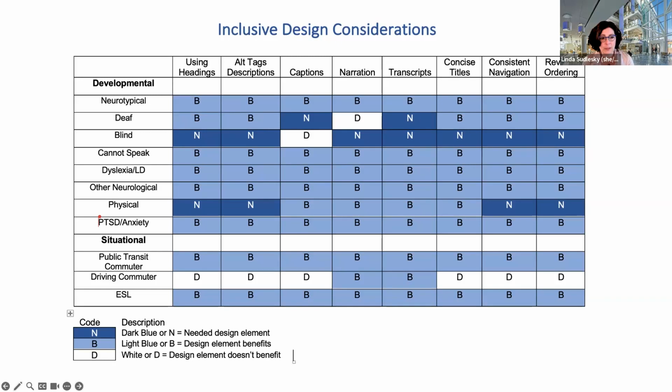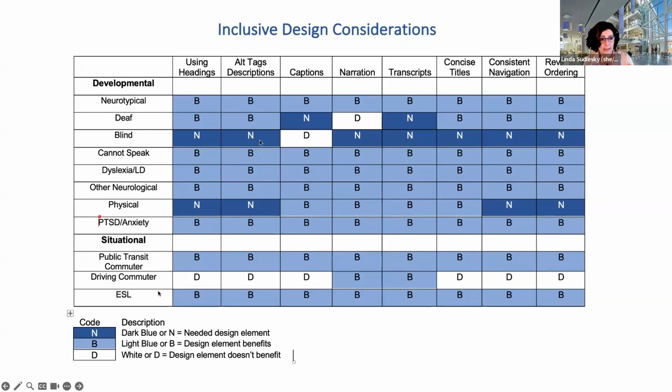This isn't officially gathered research or anything like that, but we know, for example, if you just look at all of the white cells, that someone who is blind is not going to directly benefit from captions. And someone who is deaf is not going to directly benefit from narration, but everybody else is going to. And so I separated the levels of benefit from needed design elements for people.